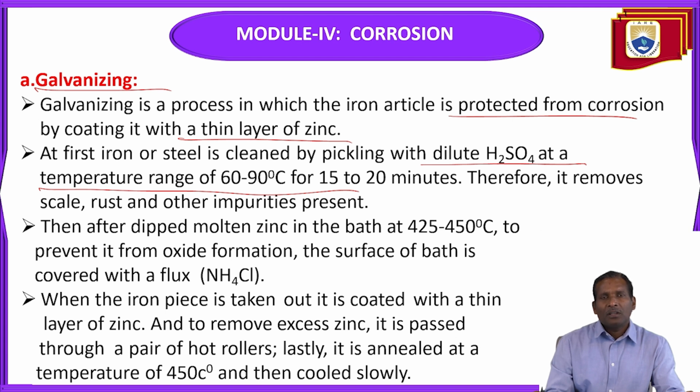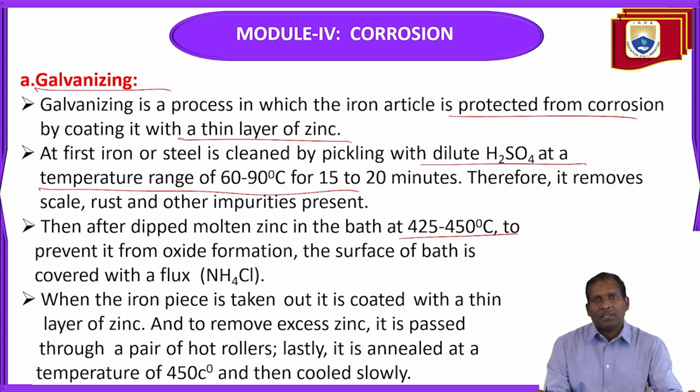Therefore, it removes scale, rust, and other impurities present. Then it is dipped into molten zinc at a temperature of 425 to 450 degrees centigrade, to prevent oxide formation.